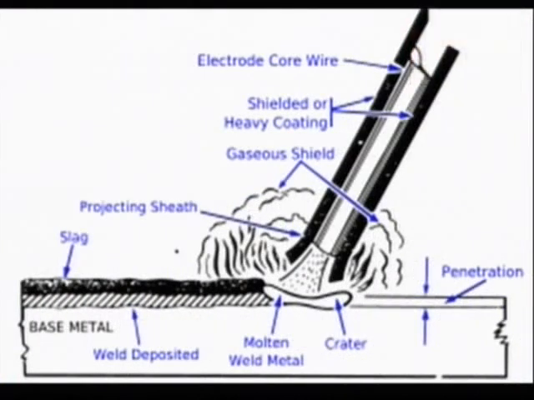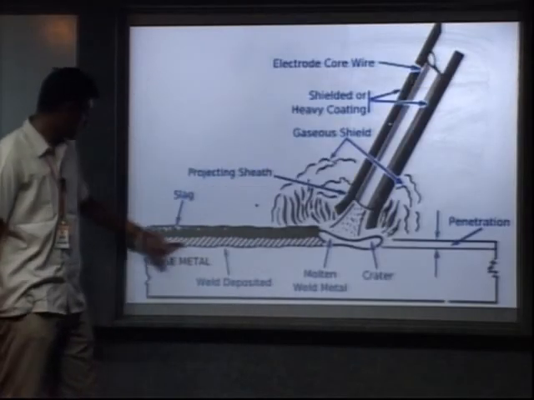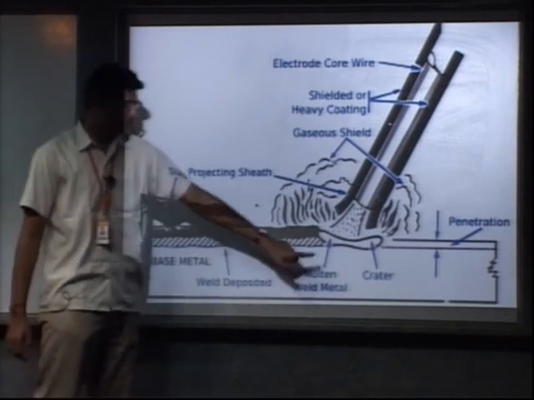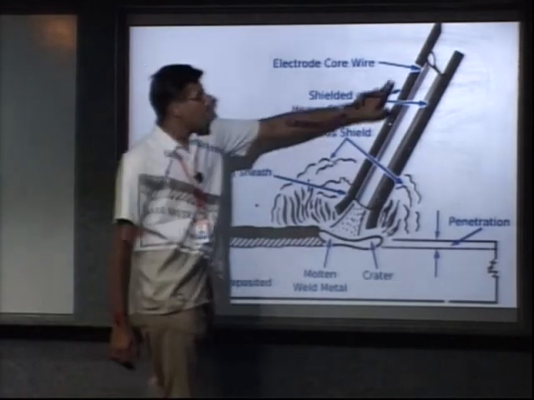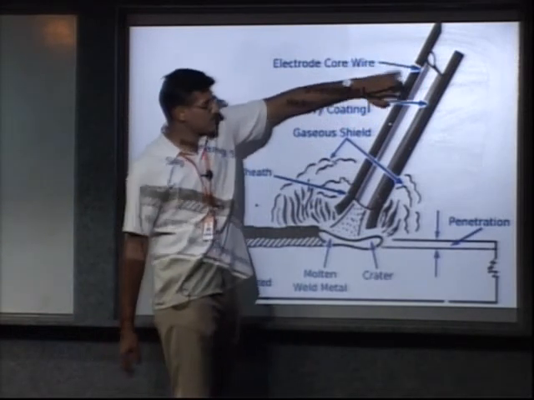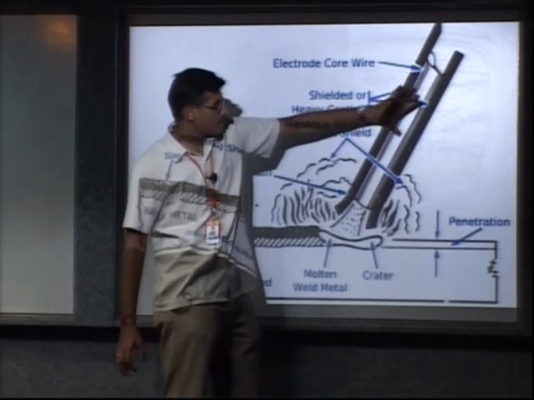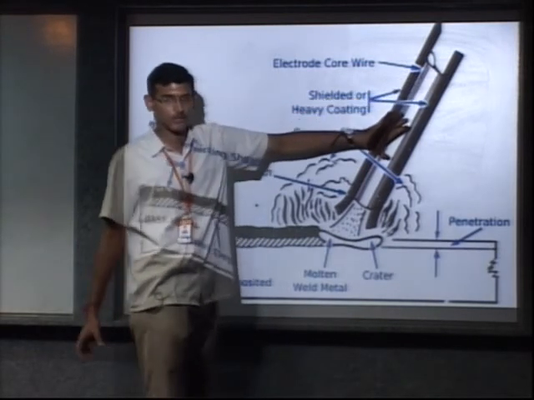So this is your entire picture of SMAW. See, this is your base metal, that is your workpiece, and this black color coating is nothing but flux coating, and this cylindrical rod is your electrode.